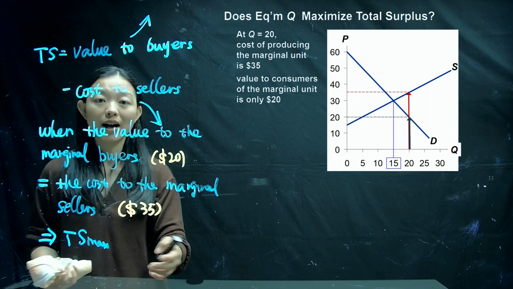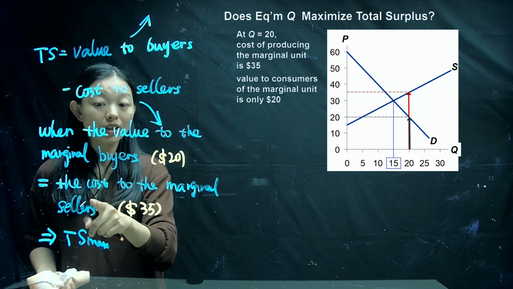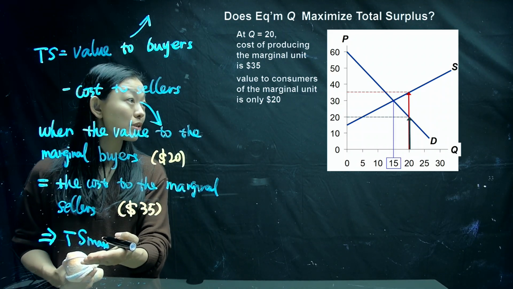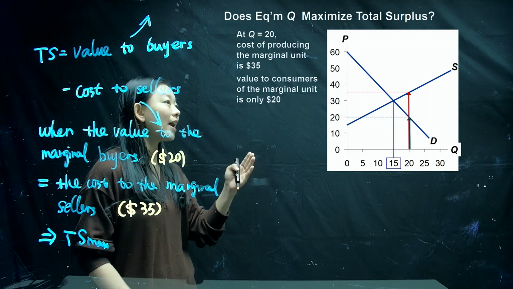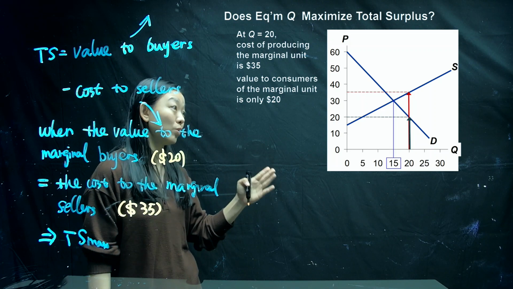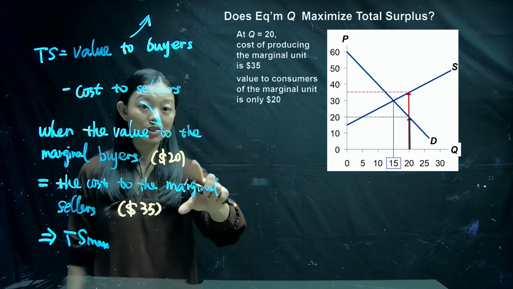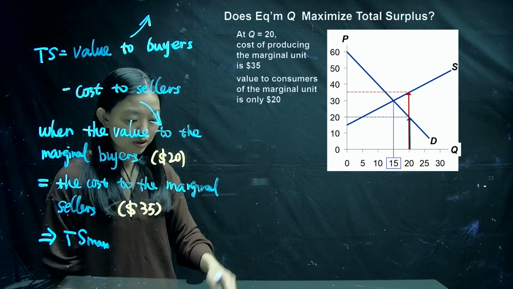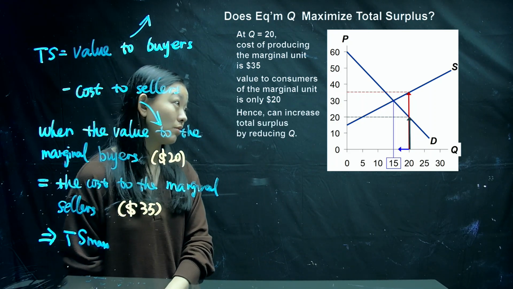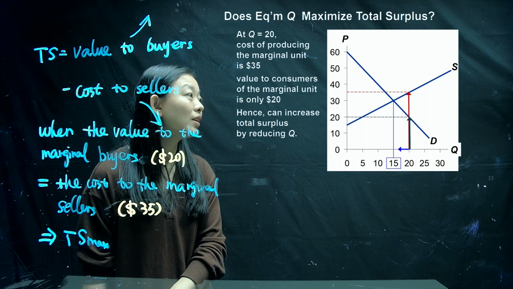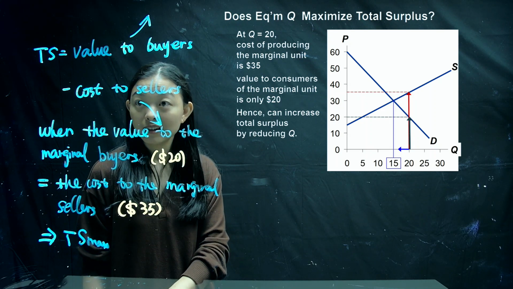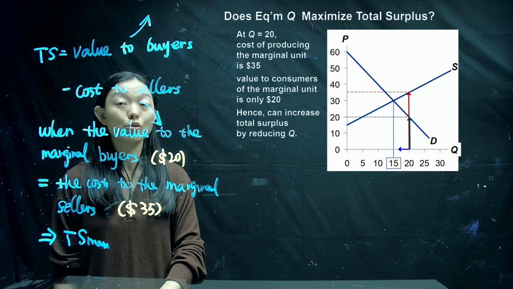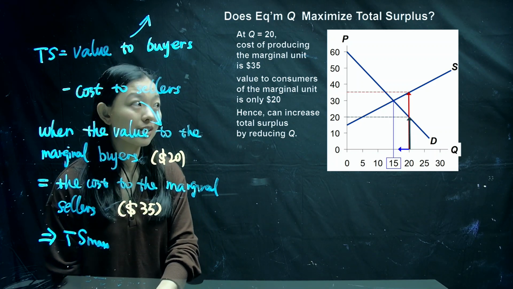The rule of thumb tells us the value to the marginal buyers should equal the cost to the marginal sellers, and then that will maximize the total surplus, right? However, if the market quantity is at 20 units rather than 15 units, these two are still not equal. So what you can do is reduce the quantity to increase the total surplus. Reduce the quantity from 20 to 15.